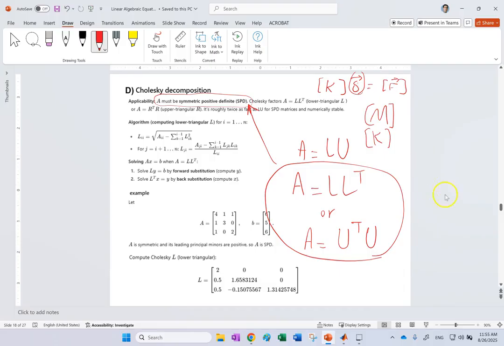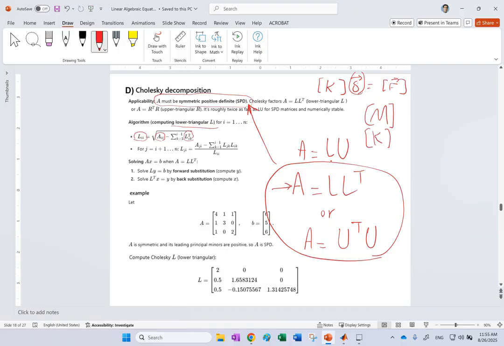Now, how would you find the L matrix or the U matrix for this scenario? Well, this is the way to do it. So if you want the L, let's go with this format. Each diagonal element of L is the square root of the diagonal element in A minus the summation, k goes from 1 to i minus 1, of the elements in that specific row, all squared, added together.